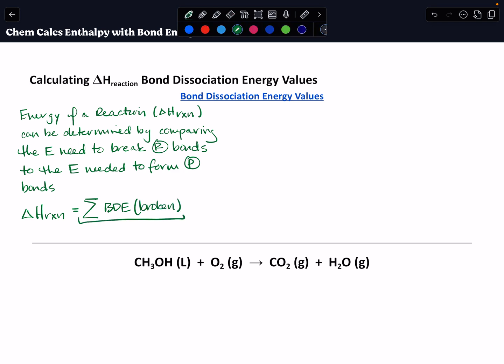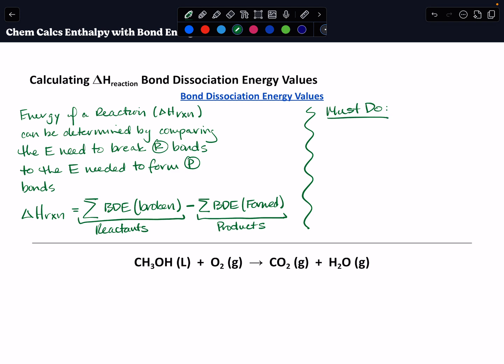This is a better way to say it, your reactants, minus the sum of the bond dissociation energy of the bonds that are formed, and this is going to be your products. Now normally when we think of change, we think of the after minus the initial. This is one of the rare times where it really seems to be flipped, because we talk about reactants minus products.